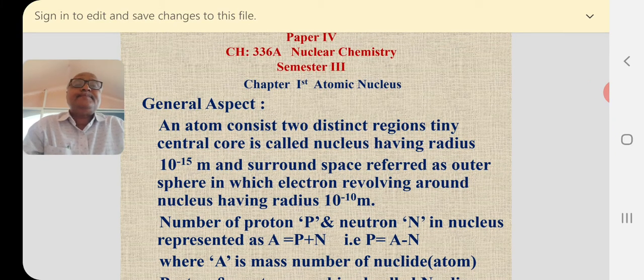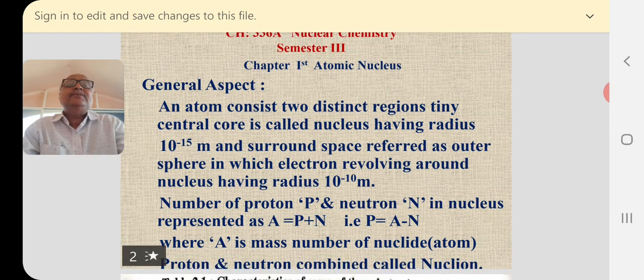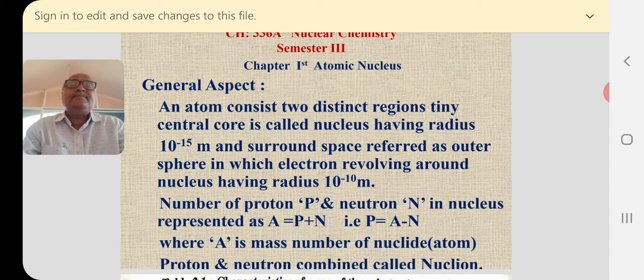When we consider the concept of atom, since FYBSc, SYBSc and now TYBSc, and in 11th and 12th, an atom consists of two distinct regions. The inner region is where the nucleus is situated. The nucleus is the dense mass, centrally situated, in which neutron and proton take place.